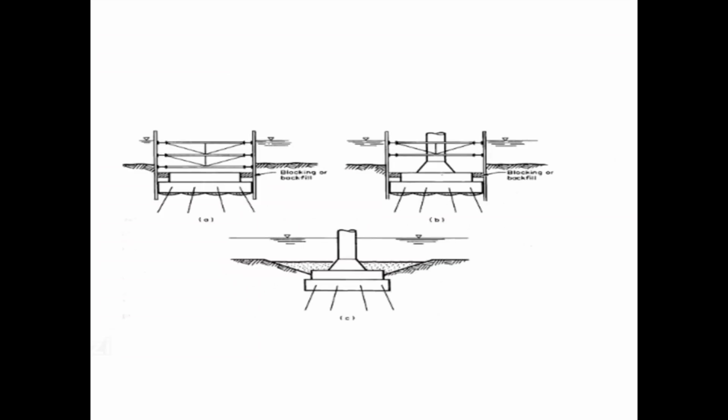In figure A, check blocking between bracing and sheet. Next, dewatering and construct new structure. Figure B shows construct new structure and flood cofferdam. And last, figure C, remove sheet piles, remove bracing, and backfill.